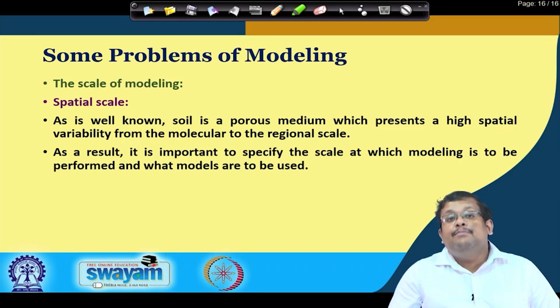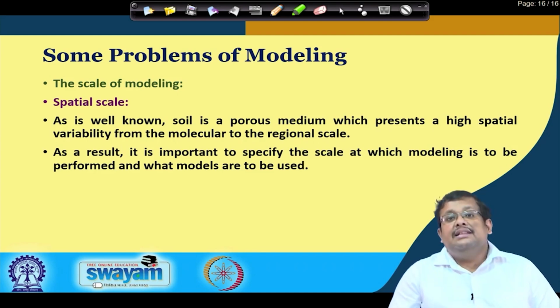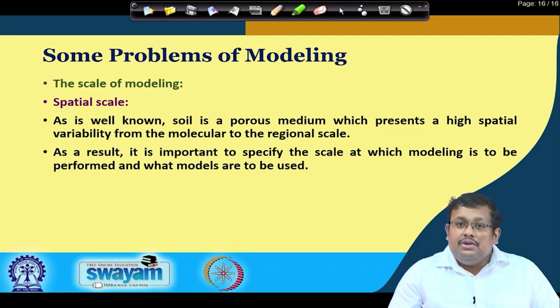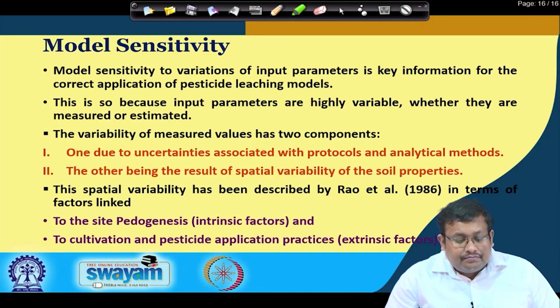As a result, it is important to specify the scale at which the modeling is to be performed and what models are to be used, because for each scale the models are different, and you cannot use a model meant for one particular scale at another scale, otherwise there will be problems.